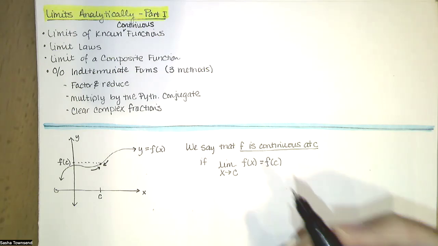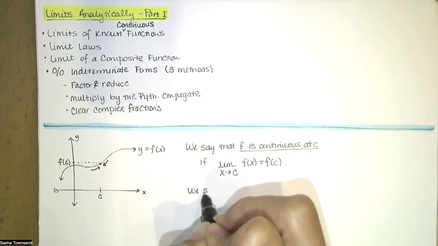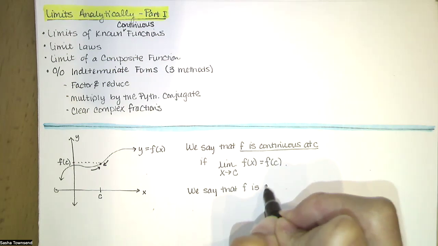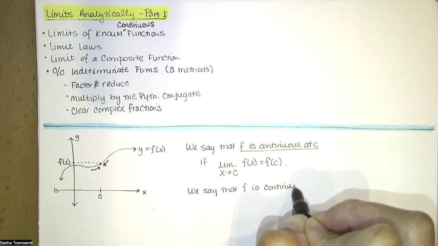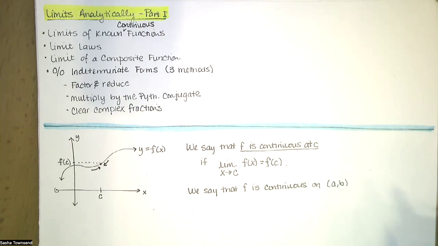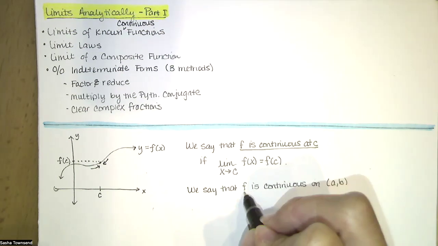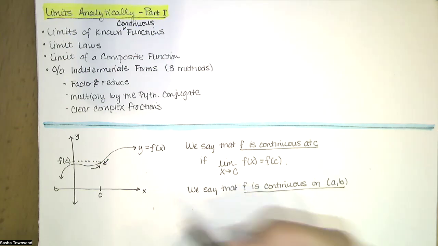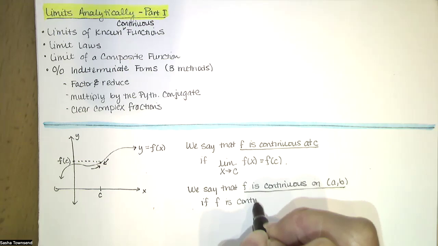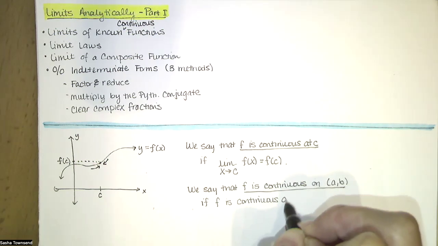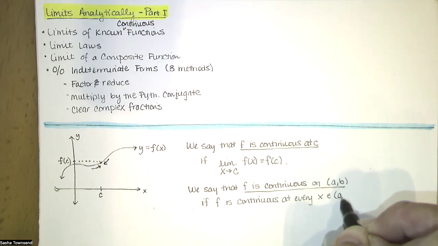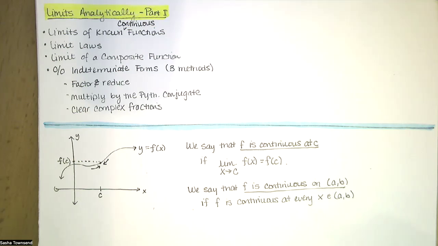Now we say that f is continuous on an interval from a to b, if f is continuous at every point on that interval, or at every x value in the interval from a to b.